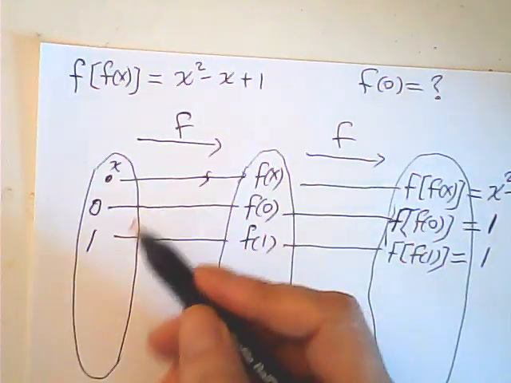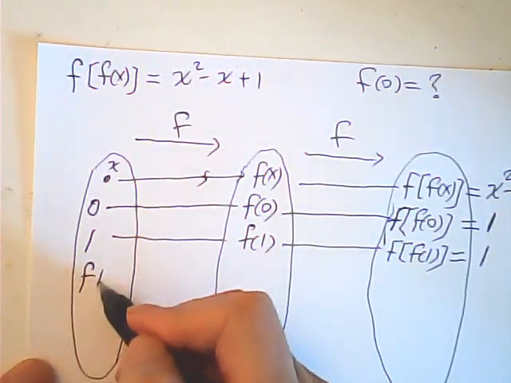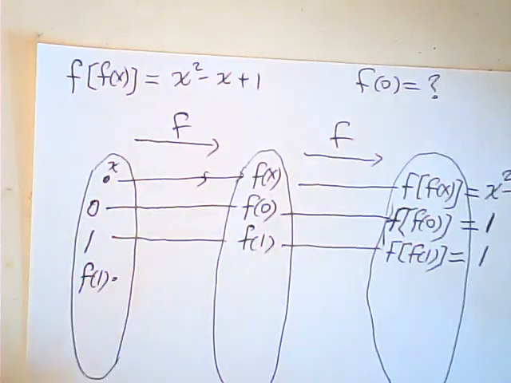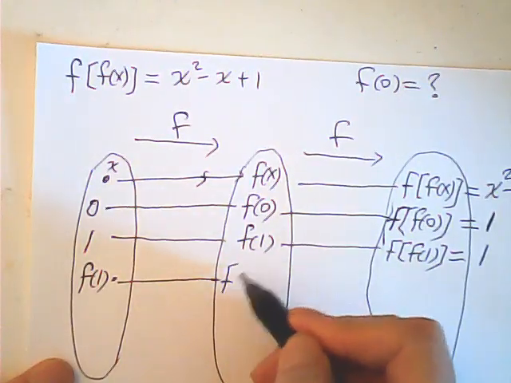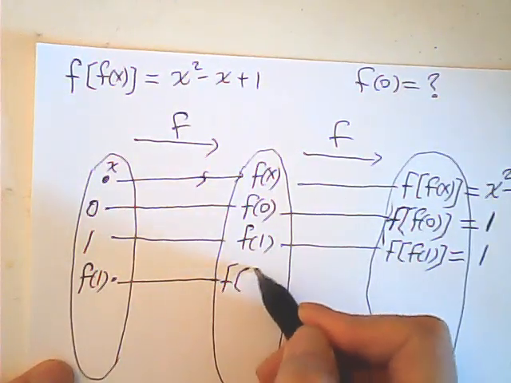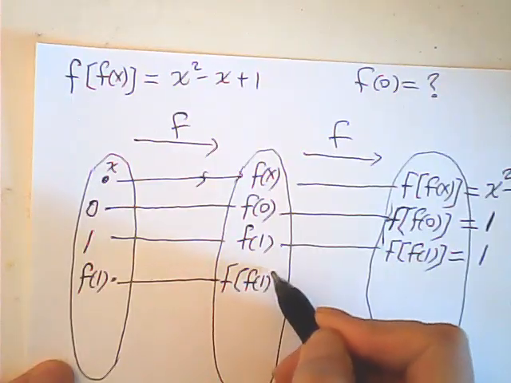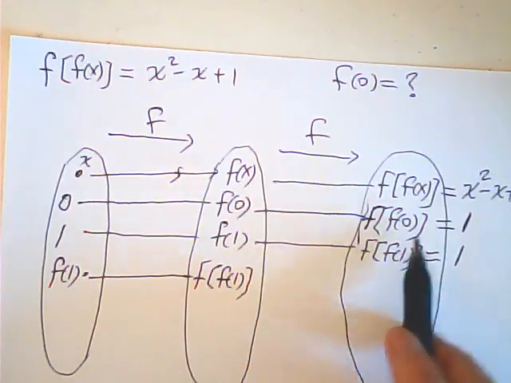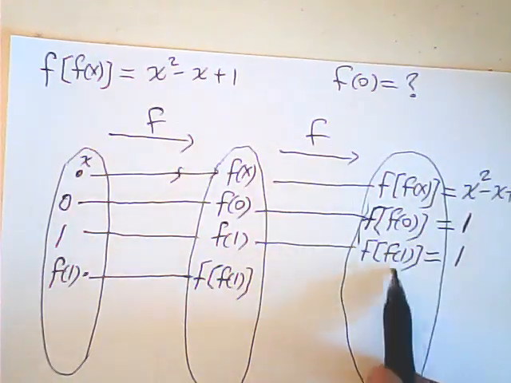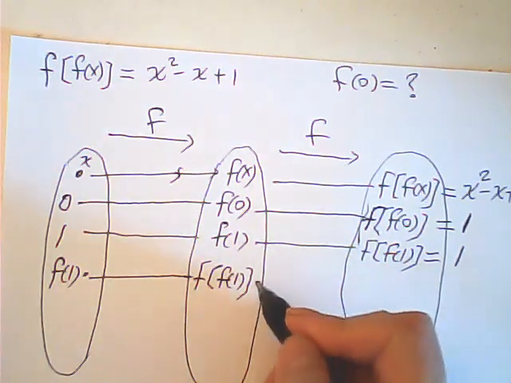Now, what happens if this is f(f(1))? Then it goes to f(f(1)). By the previous case, that is equal to 1, isn't it?